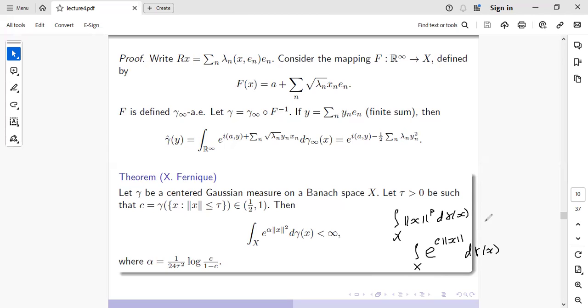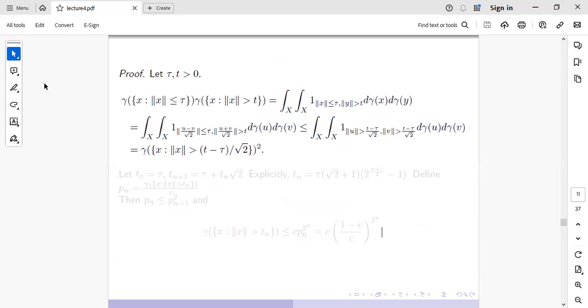And all these integrals are finite. This is the main property of a Gaussian measure that implies such strong integrability: it is rotationally invariant.